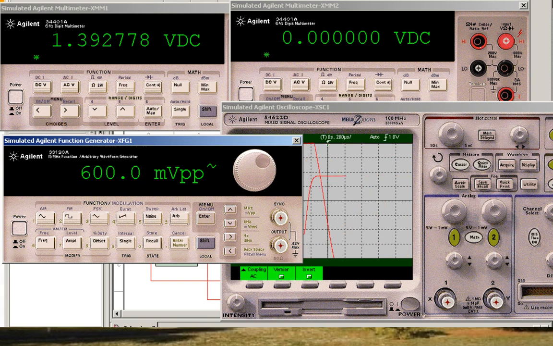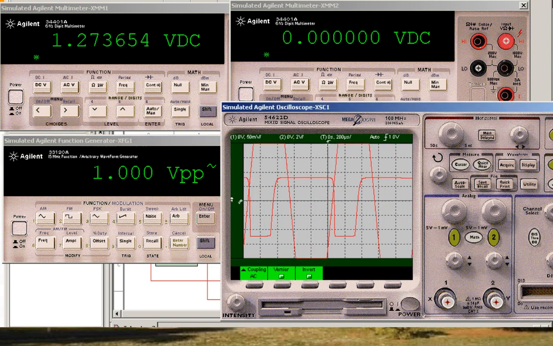Oh, maybe we've got to amplify that somewhat. Now there's a 1 volt peak to peak signal, you can see that perfectly.